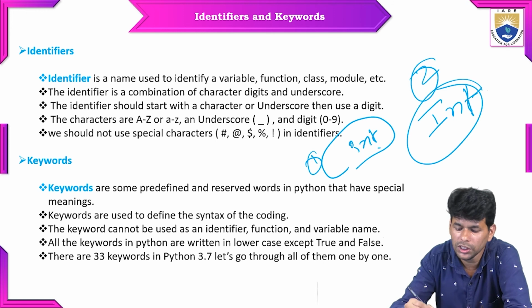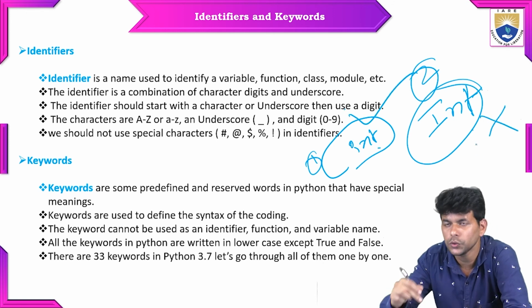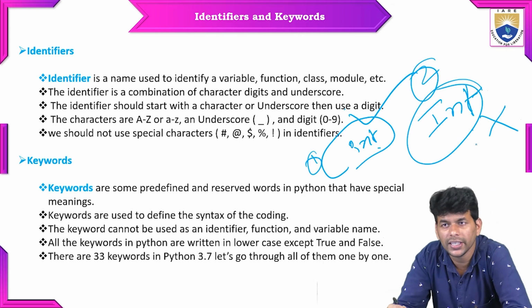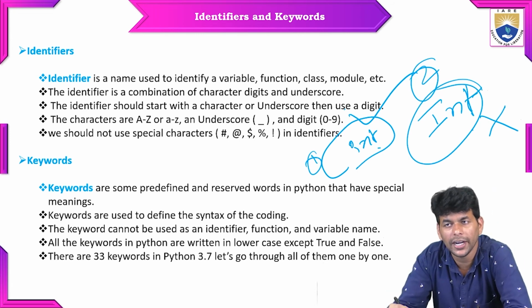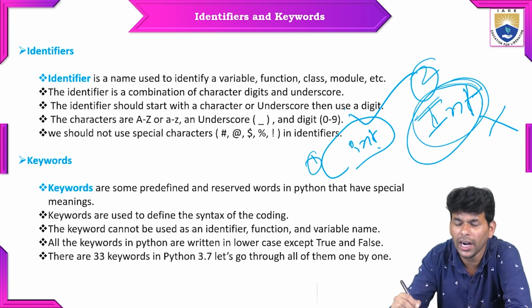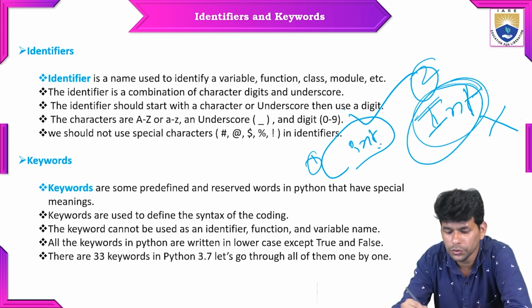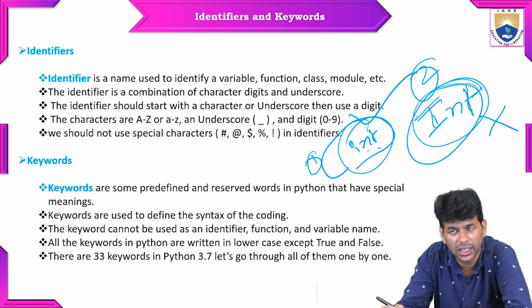Very simple. One program will be executed, and this program will not be executed. It will show an error, a data type error. Is it clear? That means this capital version we cannot use as a keyword. So int means small case only.